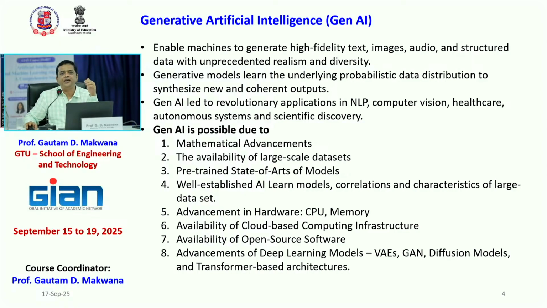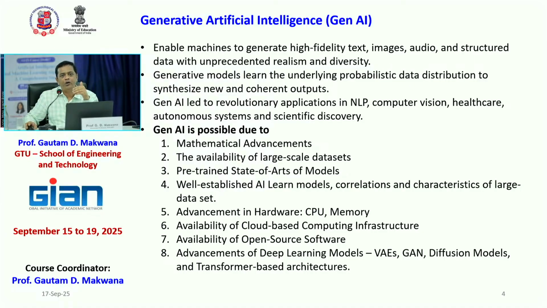Already GPT, ChatGPT, or Llama, all large-scale large language models, are available. Well-established AI models learn correlations and characteristics of large datasets. There is advancement in hardware: CPU, GPU, and memory sizes are in big numbers now. There is availability of cloud-based computing infrastructure.